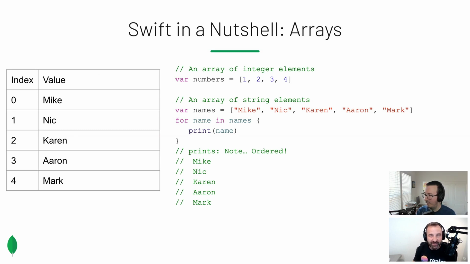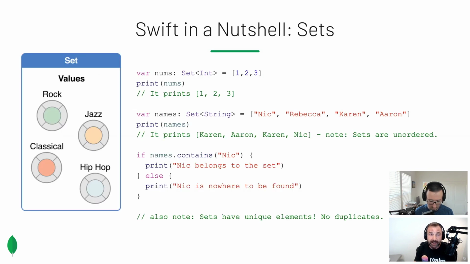So these are arrays, and you interact with them in the very same way that you would in other languages. Note that they are ordered. So when I iterate over an array structure, the elements are ordered. Unlike sets. Sets are very much like arrays in Swift, but they're unique in that they are unordered.